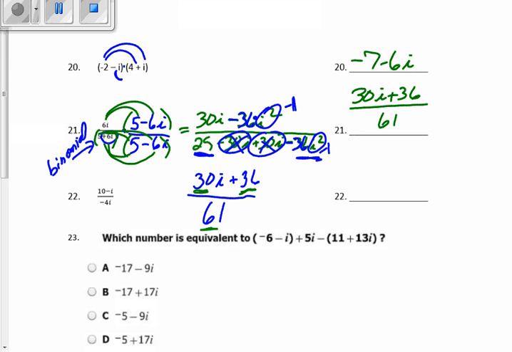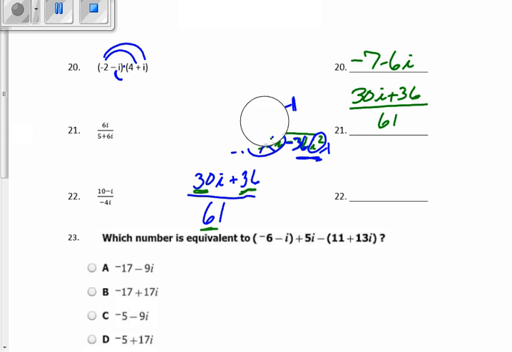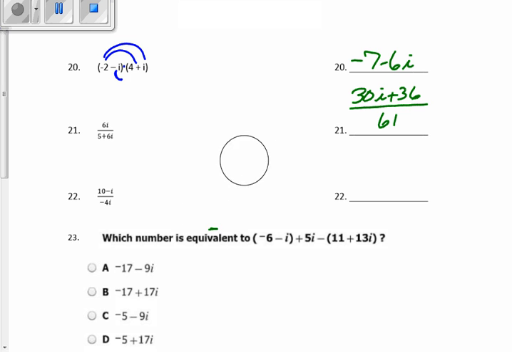Monomials, like in 22. Monomial, one term in the denominator, negative 4i. Remember, you distinguish between one term, two terms, three terms by additions and subtractions. There's no addition or subtraction in that denominator, so it's one term. When you do this, to get rid of the i, multiply by i over i.